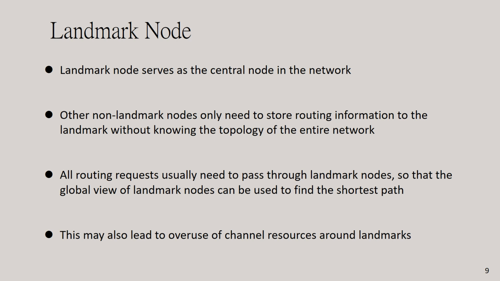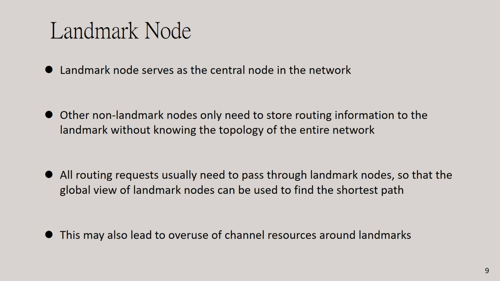A landmark node is a special node used in certain routing protocols to assist in routing decisions. This node has high connectivity, meaning that many other nodes pass through it when sending transactions. Landmark nodes are typically chosen as reference points in the network and are responsible for storing routing information to other nodes.